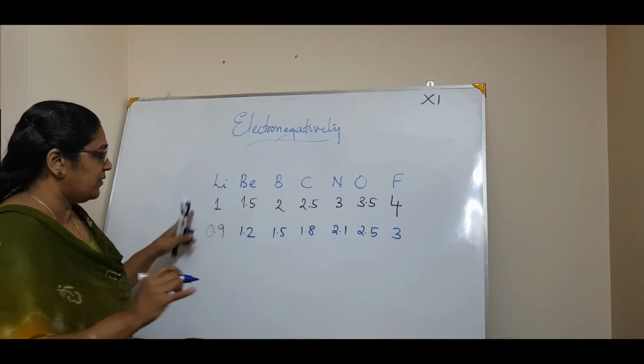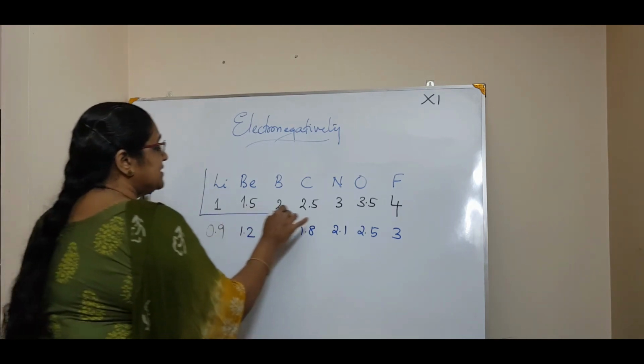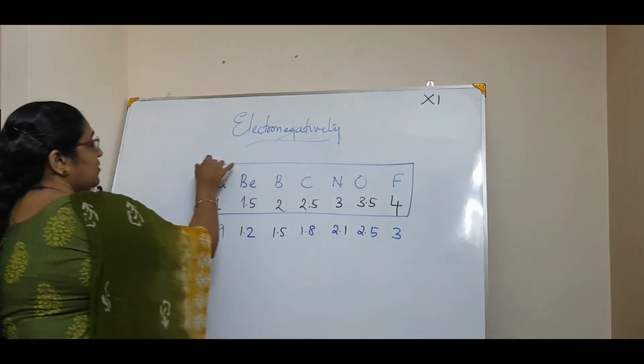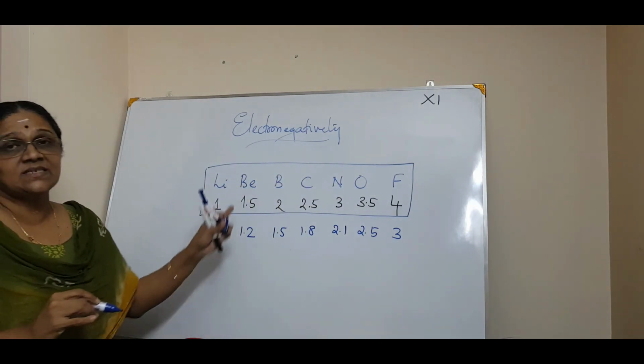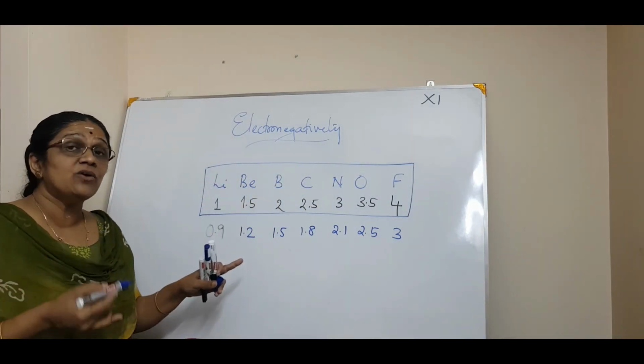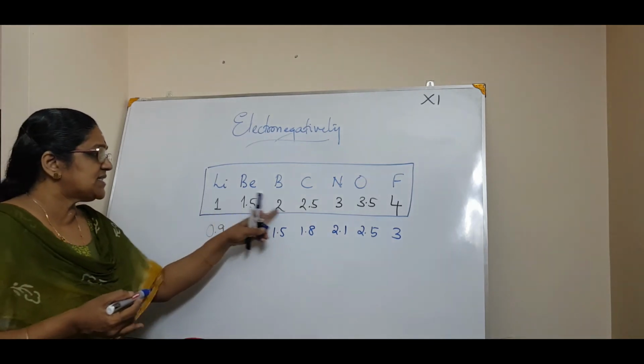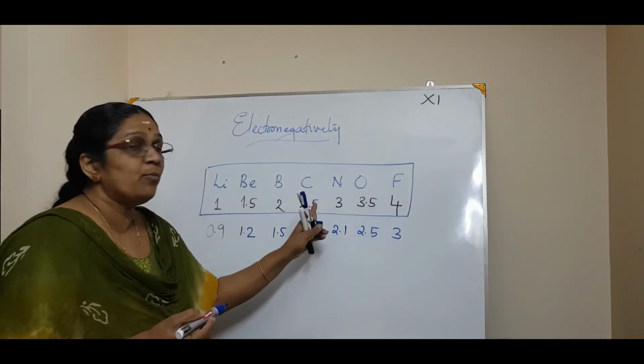So just go through it. For entrance exams these values come, and they will ask the difference and the electronegativity values. So just study this, it is very easy, 1 to 4 with a 0.5 difference.